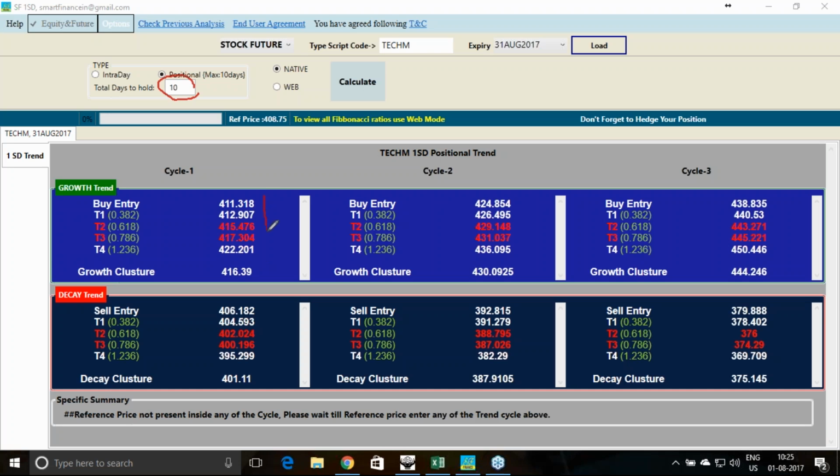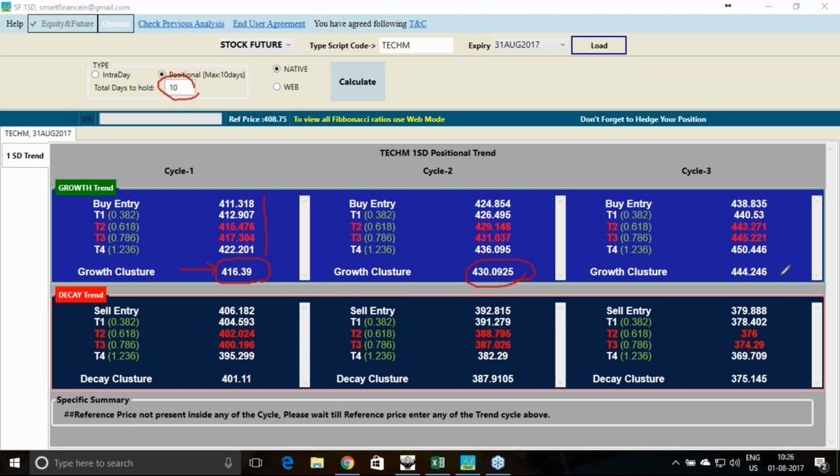In the first cycle, irrespective of targets, we are getting the growth cluster at 416.40. That means this is the point where we can find maximum resistance. If this resistance penetrates successfully, we can go for the second cycle, where we can find maximum resistance at 430.